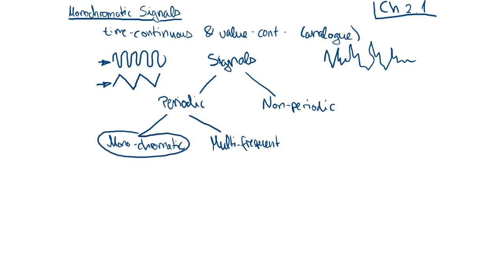So what is a monochromatic signal? In the first slide, I've already drawn a monochromatic signal. Let's redraw it. So let's first draw a proper diagram with the time axis and some kind of value.